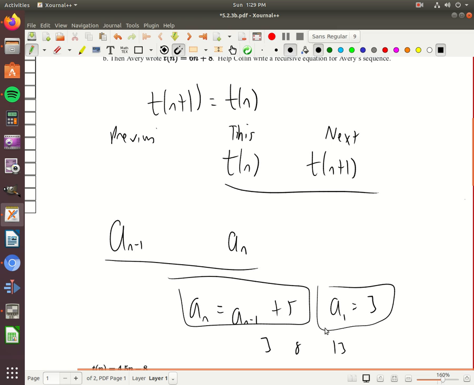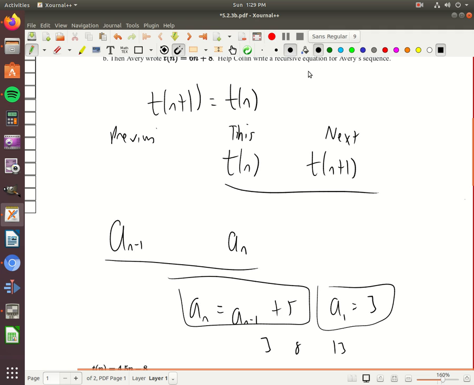I show you this because a lot of the SAT prep I've seen has a of n and not t of n. If you understand a recursive sequence, I would hate for you to miss it just because it looks so different, even though it's really the same thing. So that's what this equation would look like written with a of n.